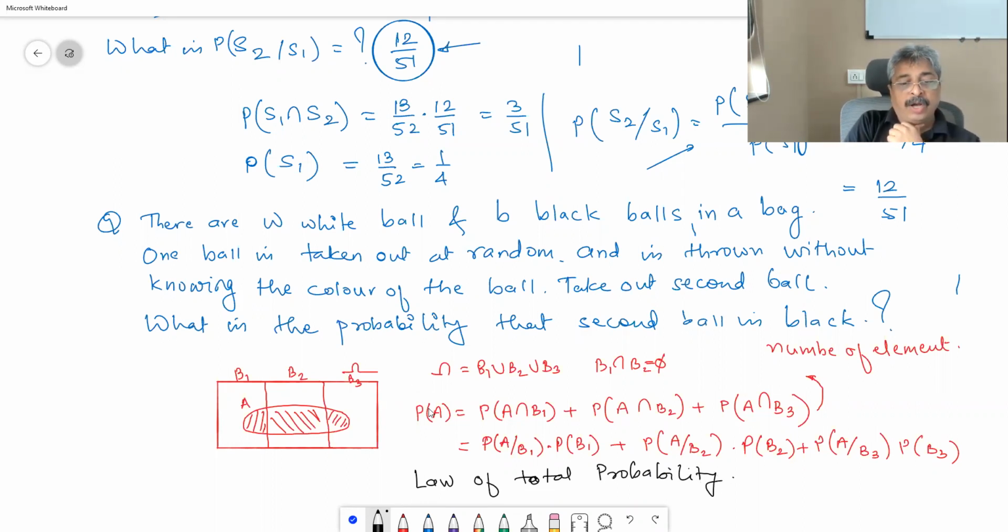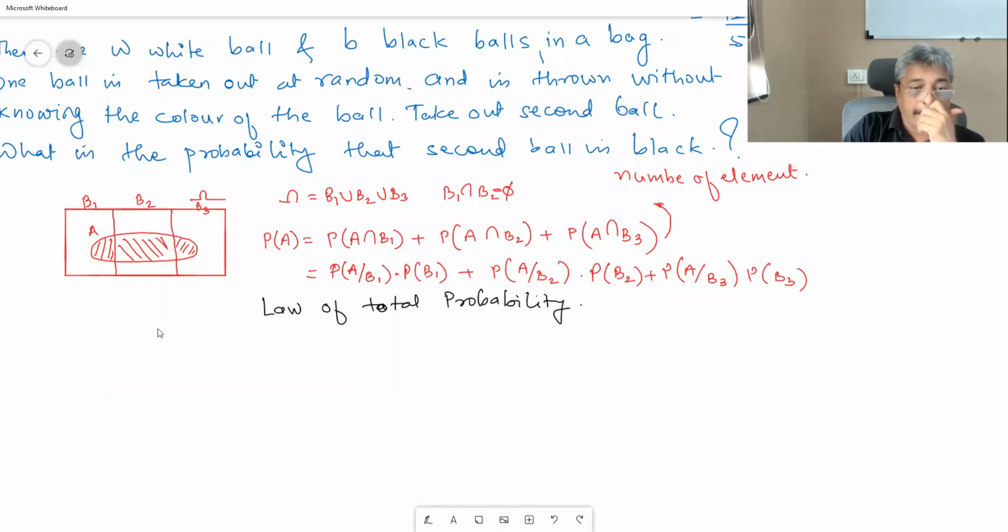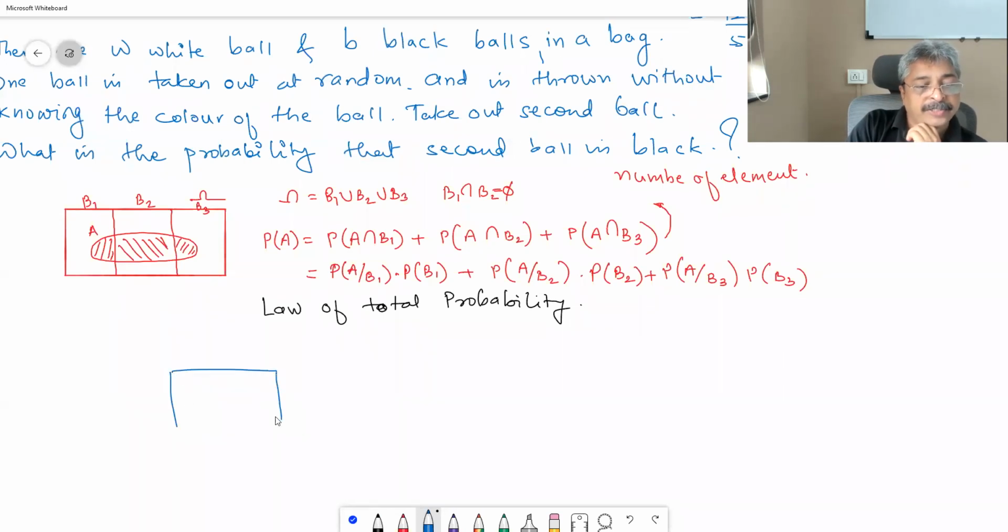Okay, and now how is it going to be useful to us in solving the above problem? It is simple. Now let me make the diagram for the above problem in blue, because we are solving the blue problem. There are only two events in the omega space. This event is, first ball is black, and this event is, first ball is white.